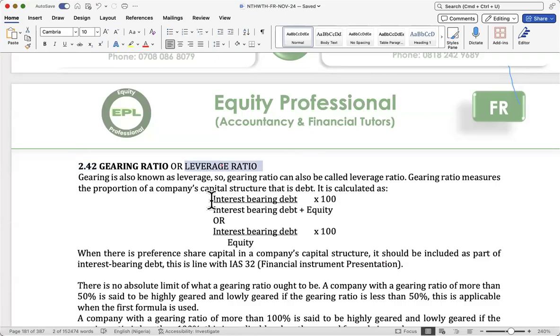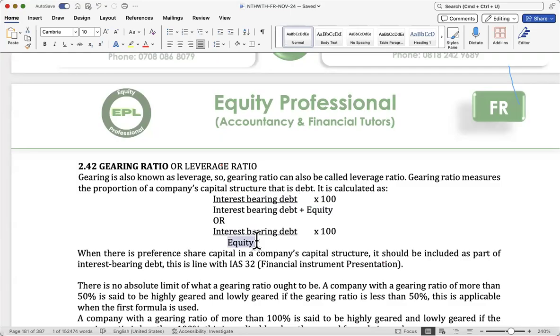And that's why the formula is your interest-bearing debt. When I say interest-bearing debt, I'm talking about those non-current liabilities that you find interest behind them, that they will say 10% loan notes, 15% debenture, 17% preference shares. All of those are interest-bearing debts. All upon interest-bearing debt plus equity, or it could just be the debt to equity itself.